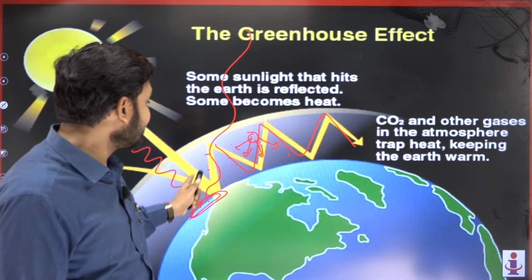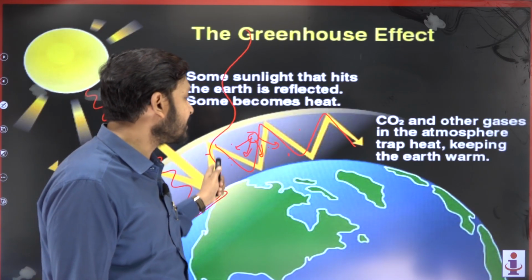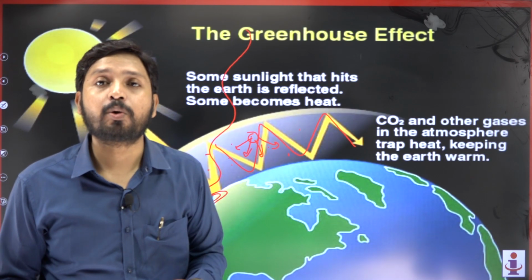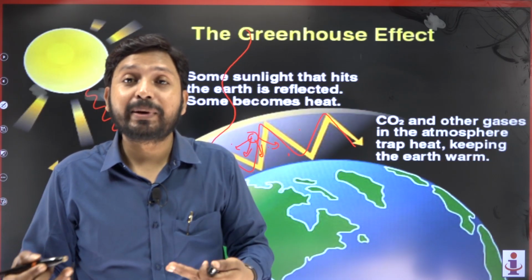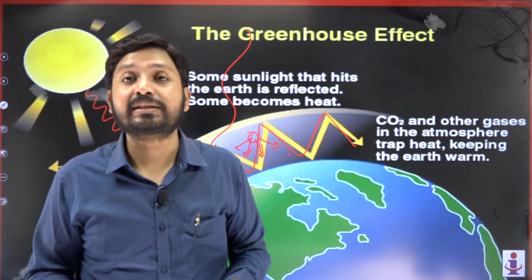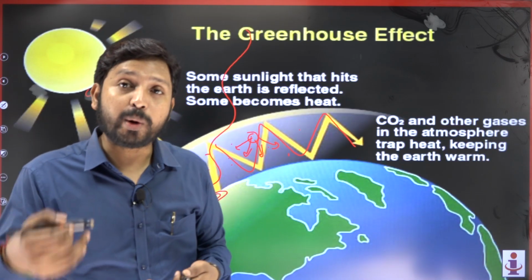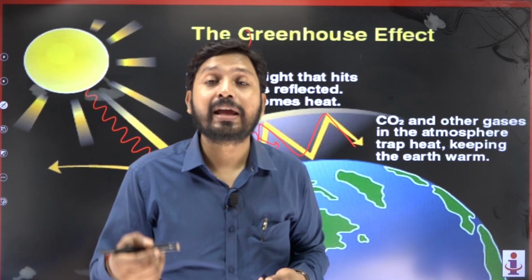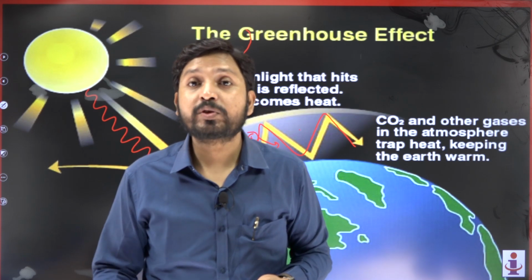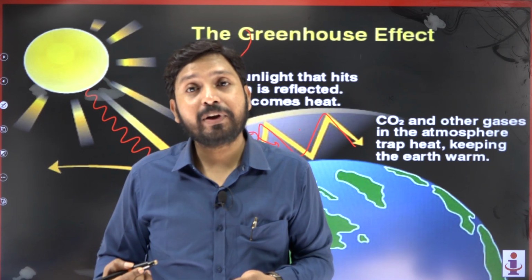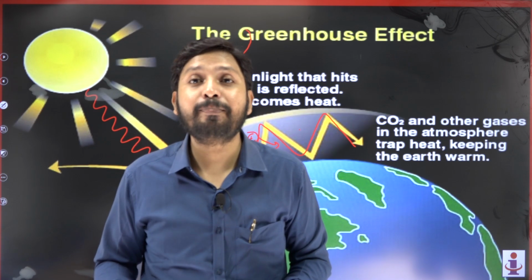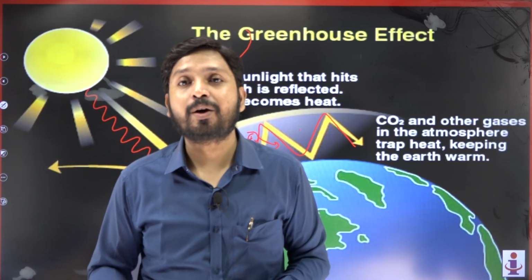In that case, the Earth's surface would become very, very cold, even reaching minus 15 or minus 18 degrees. At those lower temperatures, it is very difficult for any species to survive. So in a way, this greenhouse effect, which is a natural phenomenon, is helping species survive on the Earth's surface.